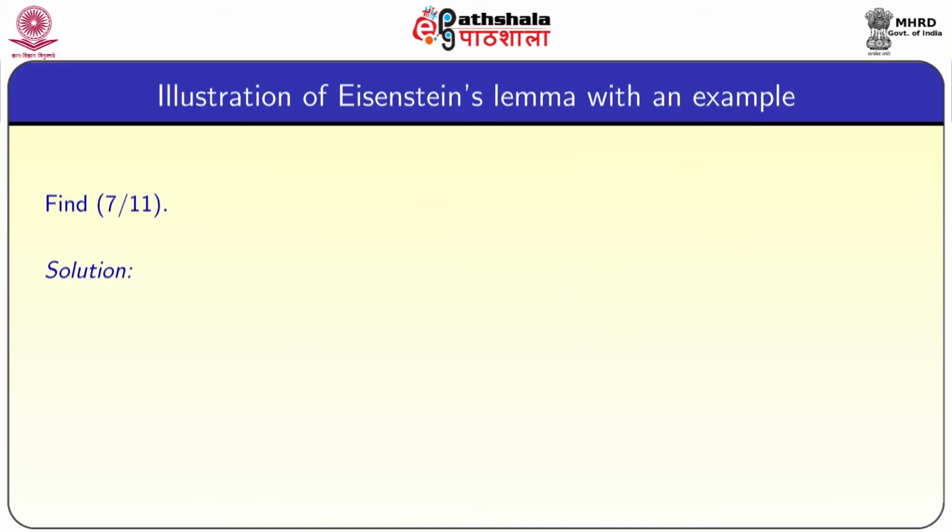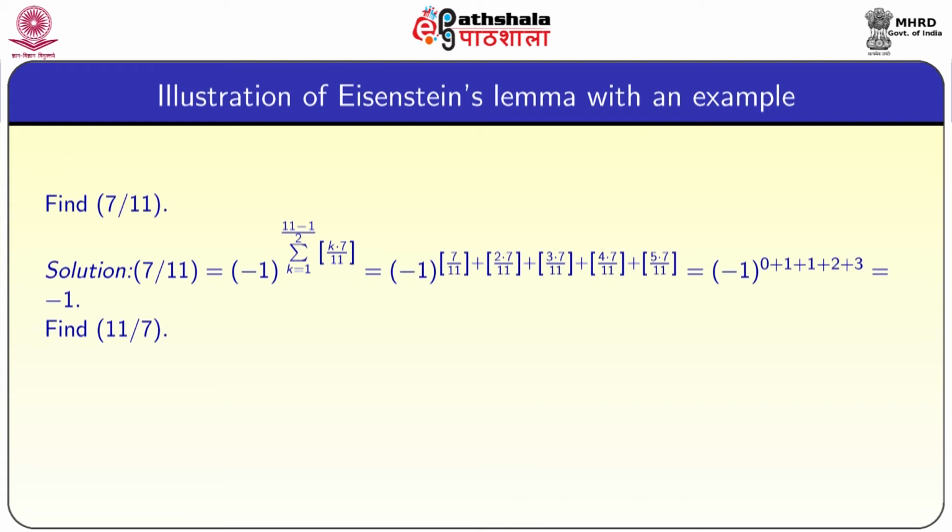Now, we will illustrate Eisenstein's lemma with an example. So, we are trying to evaluate 7 by 11. The solution goes like this: 7 by 11 is equal to minus 1 whole power summation k equal to 1 to 11 minus 1 by 2 of floor of k into 7 by 11, that is k takes values k equal to 1, 2, 3, 4 and 5.